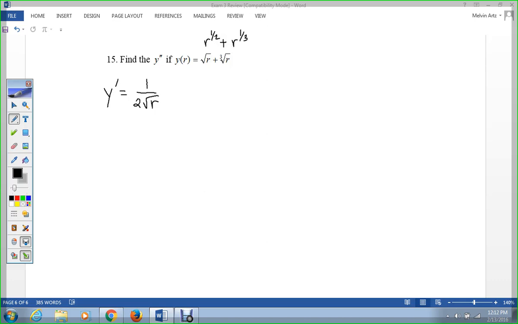So I'm just applying the power rule. I bring the 1/2 down in front, then subtract 1, which would give me negative 1/2. And I'm going to do the same with the second one. We would have 1/3 r, then we'll subtract 1, which would give us negative 2/3. So there's the first derivative.